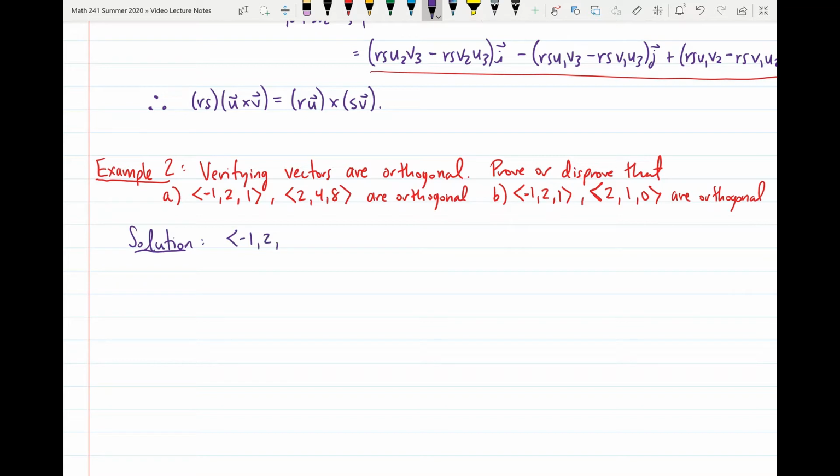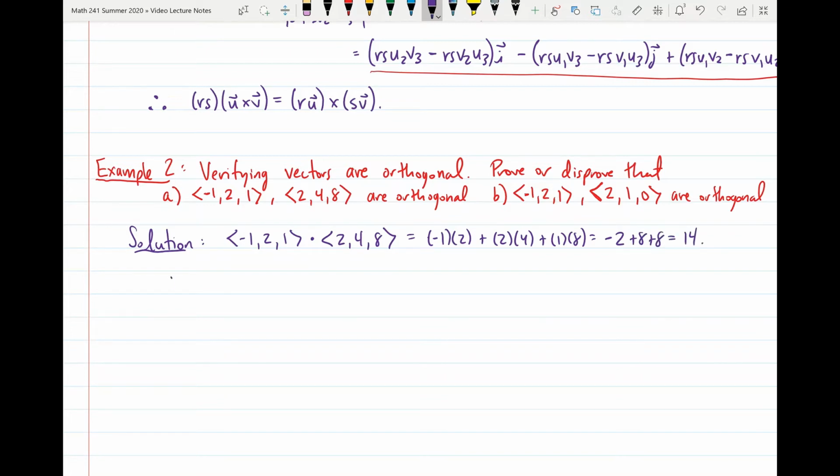To do so, we're going to take the dot product of the two vectors. So -1, 2, 1 dotted with 2, 4, 8 is going to give us -1 times 2 plus 2 times 4 plus 1 times 8, which is equal to -2 plus 8 plus 8, which is equal to 14.